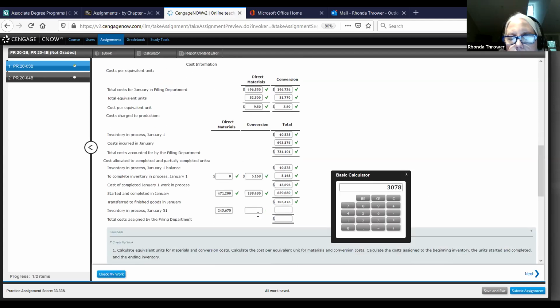Our ending inventory conversion cost is $3,078. So the total cost of my ending inventory is my materials cost plus my conversion cost.